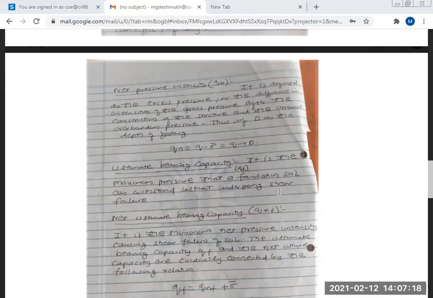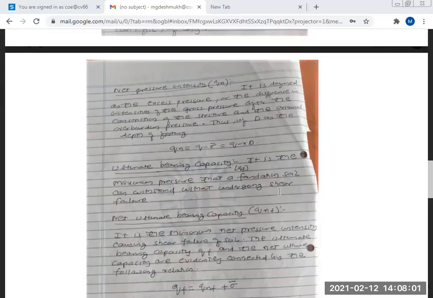What is meant by this one means, अगर से किसी bearing capacity के आगे पीछे कुछ लिखा हुआ नहीं है तो भी आप उसको क्या समझो, अल्टीमेट बेयरिंग कैपेसिटी समझो. तो अल्टीमेट बेयरिंग कैपेसिटी वो है जो मैक्सिमम प्रेशर, इट इज द मैक्सिमम प्रेशर मींस इंक्लूडिंग ऑल द थ्री थिंग्स जो सॉइल लेता विदाउट फेलिंग इन शियर, इट इज कॉल्ड अल्टीमेट बेयरिंग कैपेसिटी. Ultimate bearing capacity, and it is denoted by qf. I hope now this thing is very much clear to you what is meant by ultimate bearing capacity.